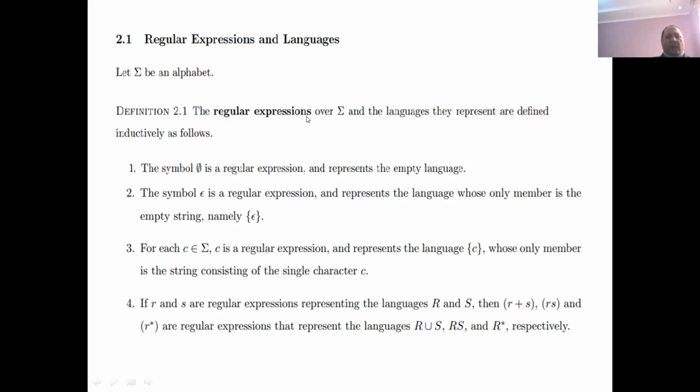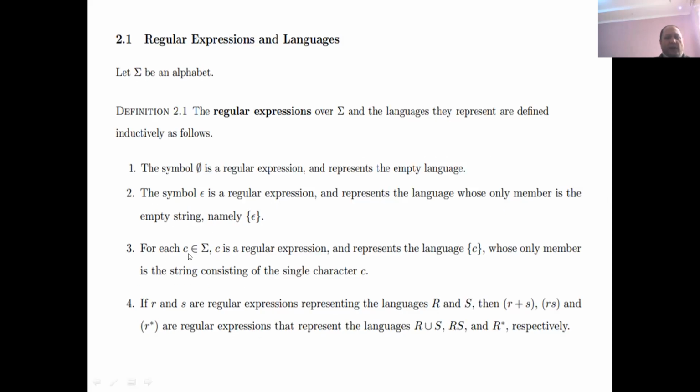What does regular expression mean? First, the symbol empty set is a regular expression and represents the empty language. Second, the symbol epsilon is a regular expression and represents the language whose only member is the empty string, namely epsilon.